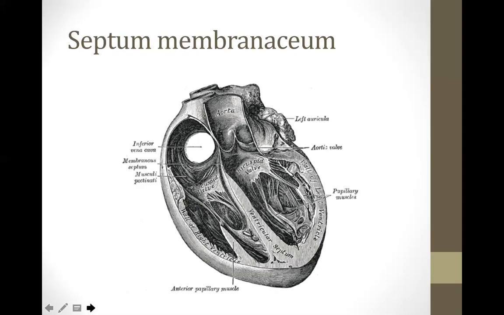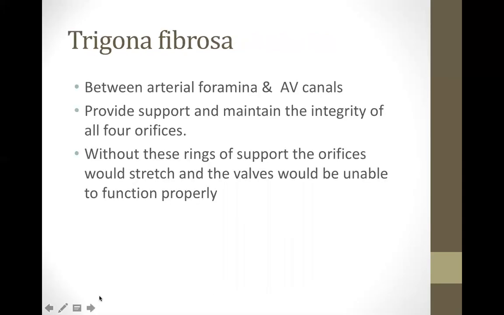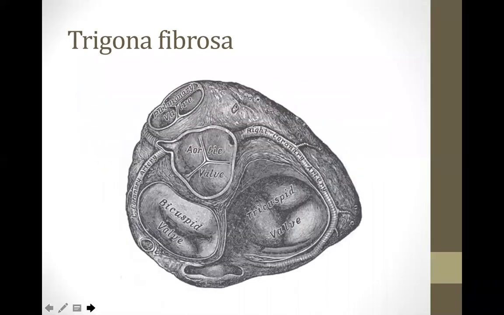Okay? Next, Trigona fibrosa. This is in between the arterial foramina and the atrioventricular canals. It provides support and maintains the integrity of all four orifices. Now, without this Trigona fibrosa, without these rings of support, these orifices would stretch and the valves would be unable to function properly. So, ano itsura ng Trigona fibrosa?